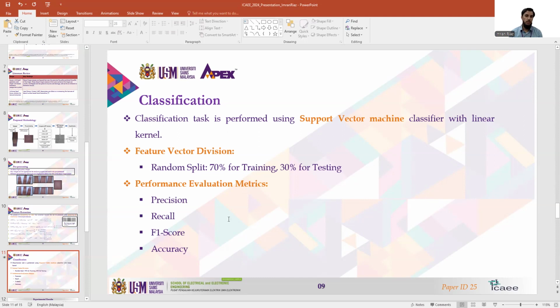The evaluation metrics which we have used are the precision, recall, and F1 score, and then finally, the classification accuracy.